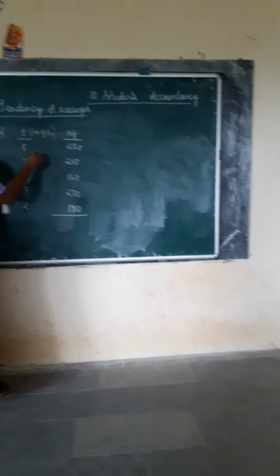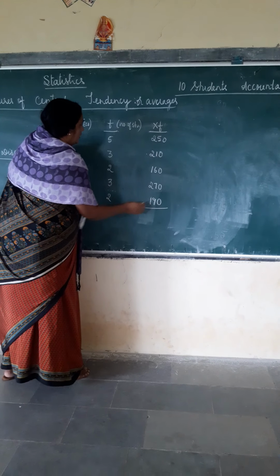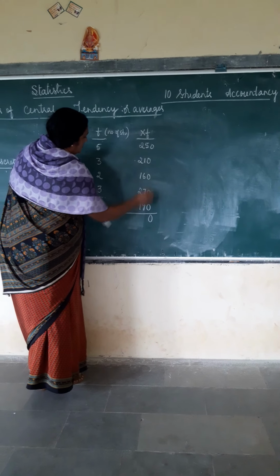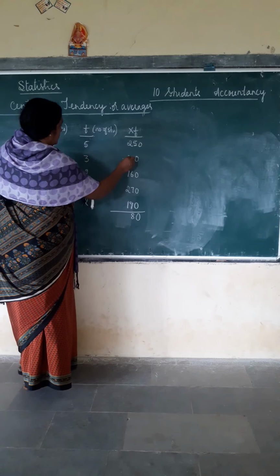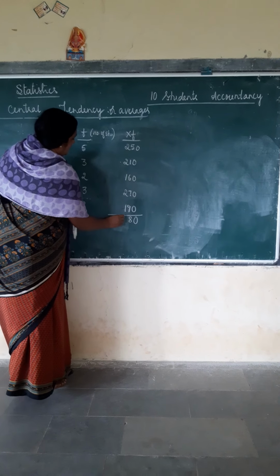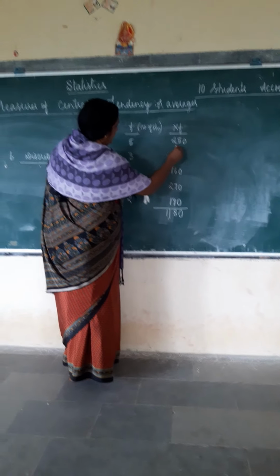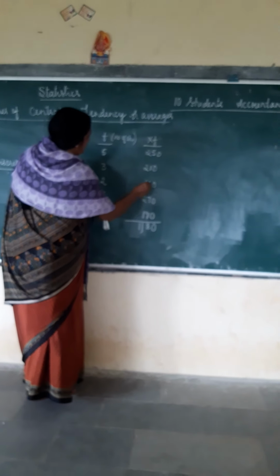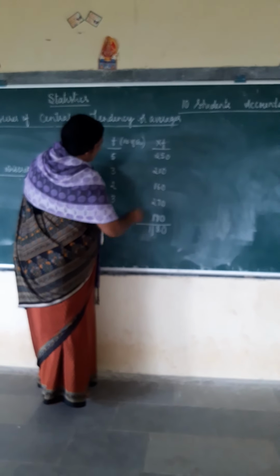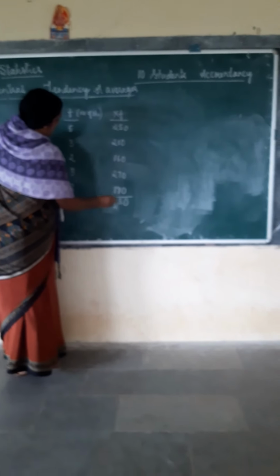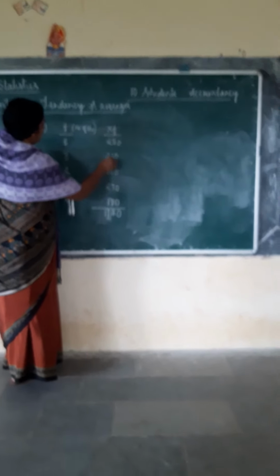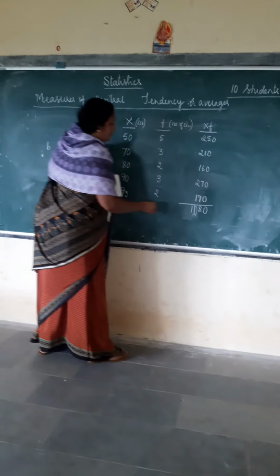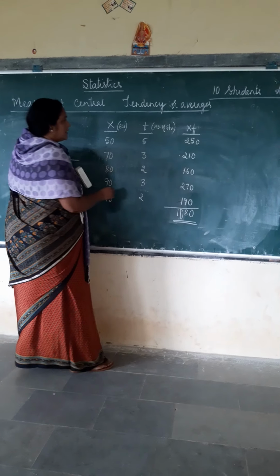So we will sum up the x into f, the sum of xf, that will be equal to, let us check once again. Okay. This is the total marks scored.